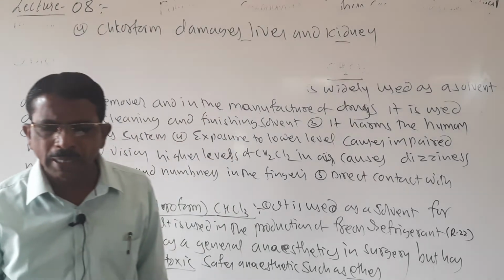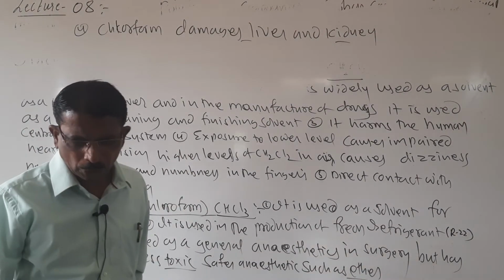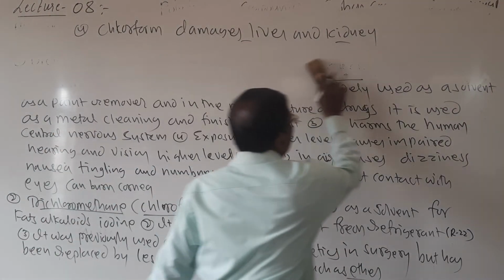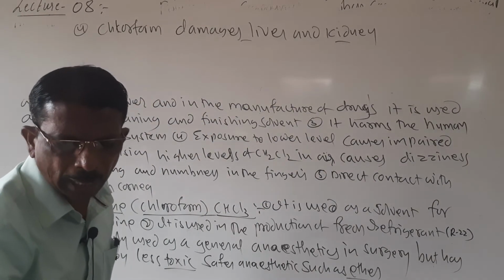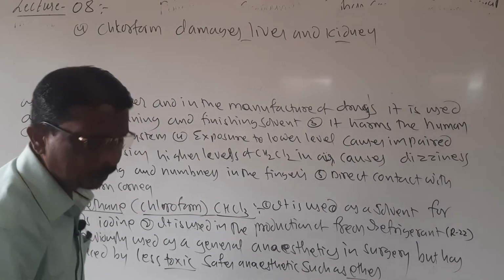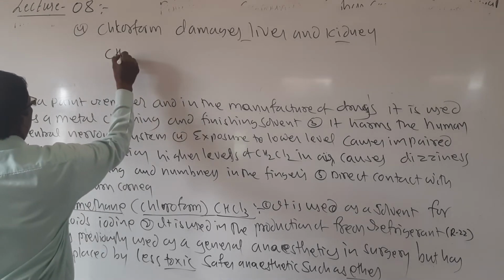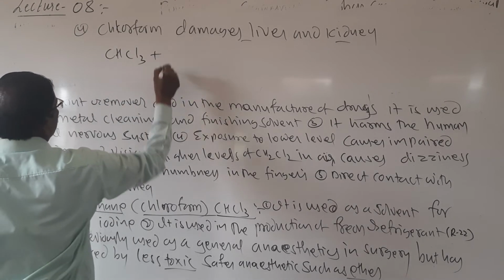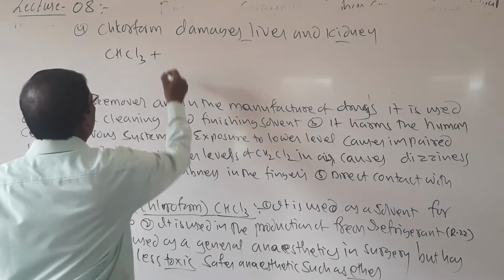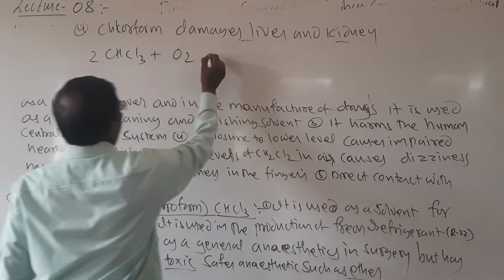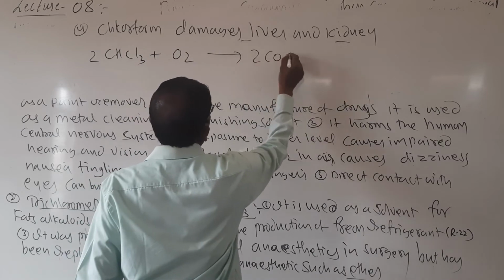Remember students, in presence of air, chloroform slowly reacts with air and forms a poisonous gas. CHCl3 plus oxygen from air slowly reacts and forms 2COCl2.